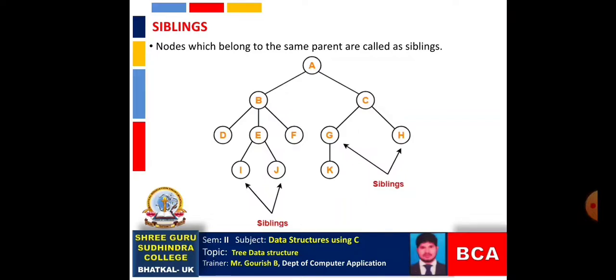D, E, F, these three are siblings. G and H are siblings because for G and H, the parent is C. I and J are siblings too. Siblings means nodes which belong to the same parent.